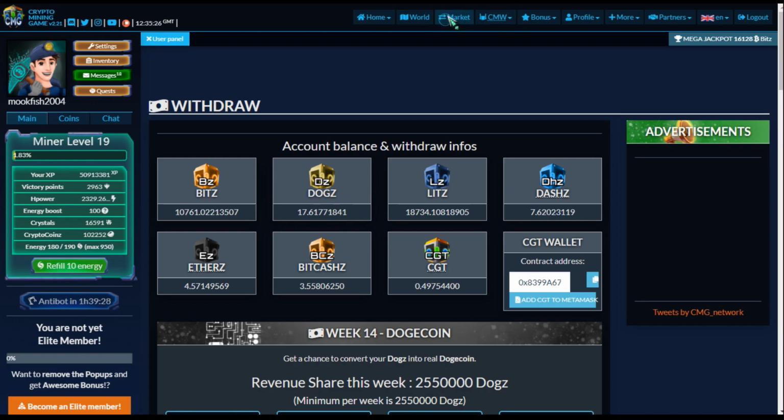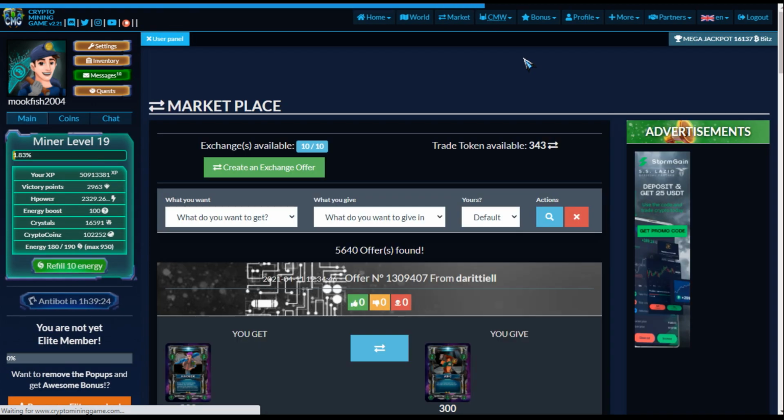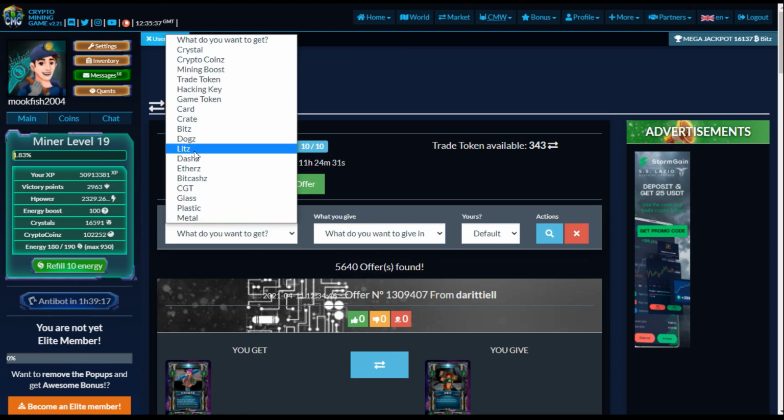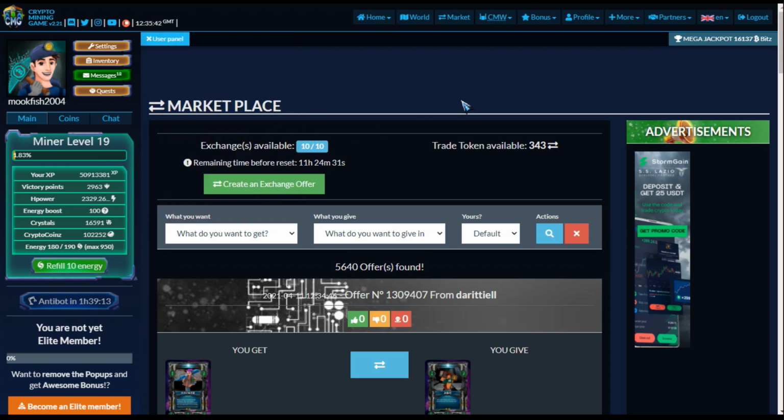But if we go into the market, just the same as the old platform, for some weird reason dogs is actually classed as one of the higher level coins. I guess it's basically because, just like the old system, trying to mine Dogecoin back then, or trying to mine dogs now, you're getting a lot less.